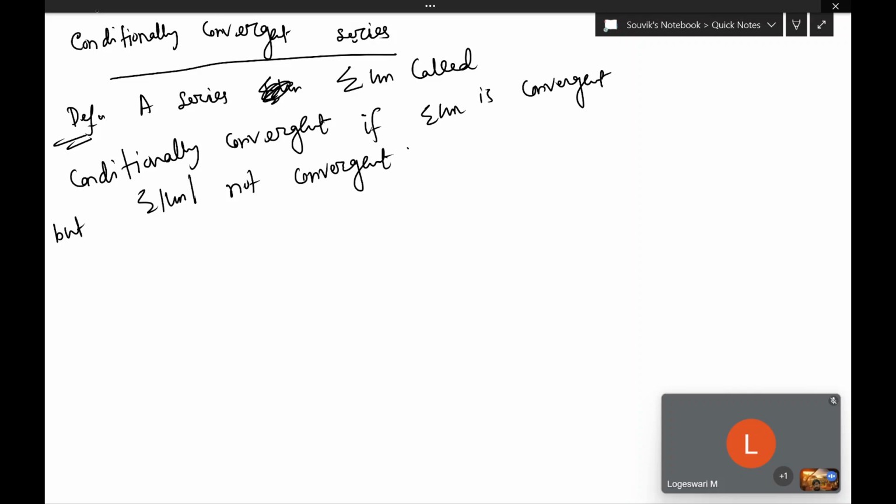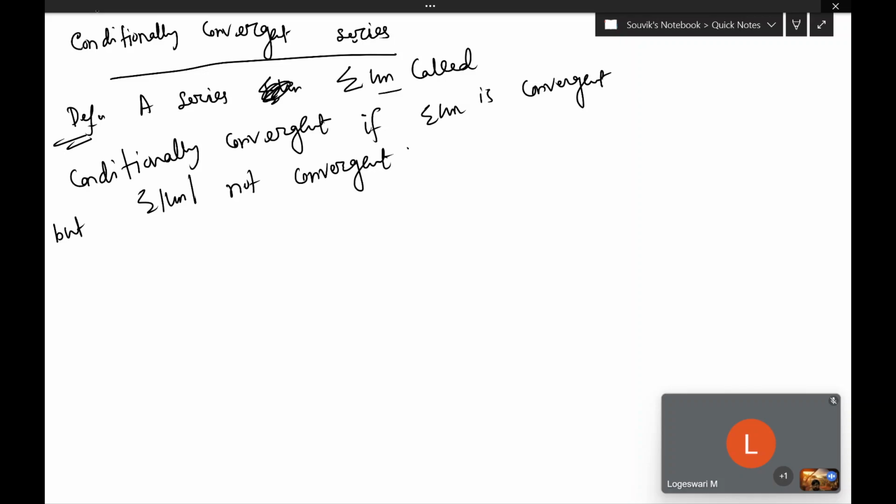This is known as conditionally convergent: the main given series is convergent but its absolute term series is not convergent.